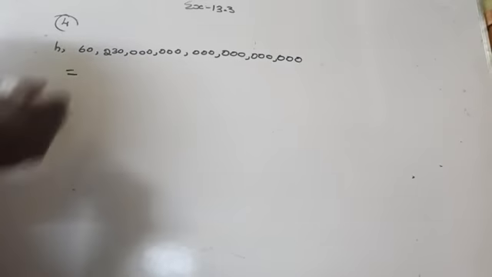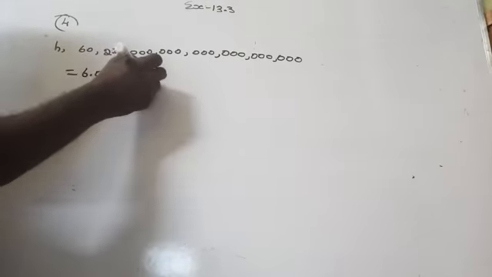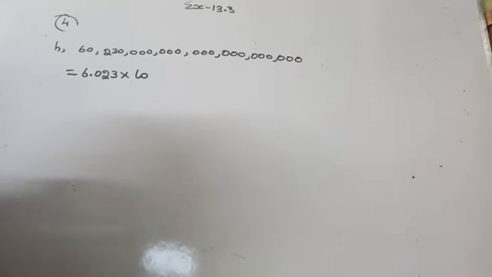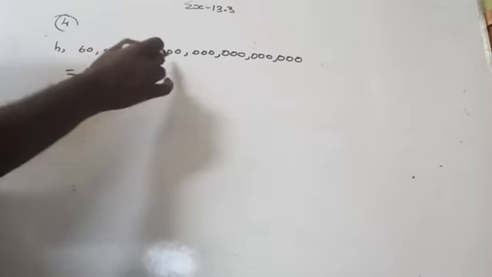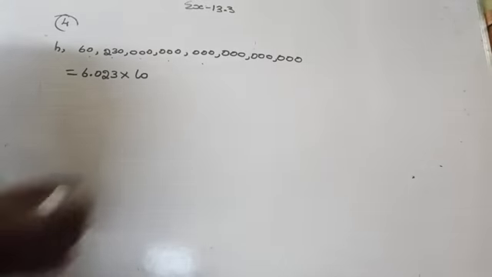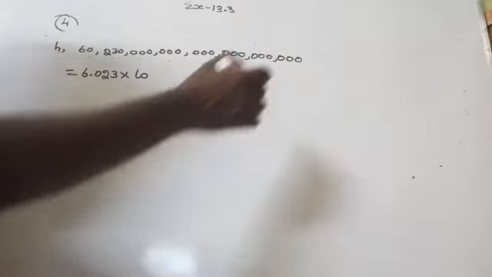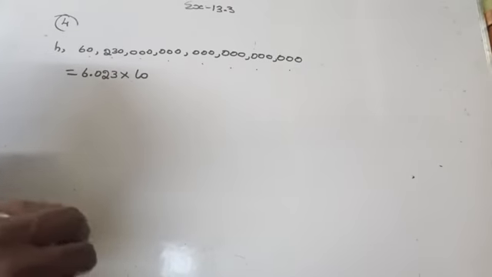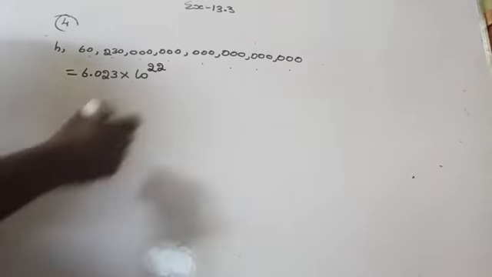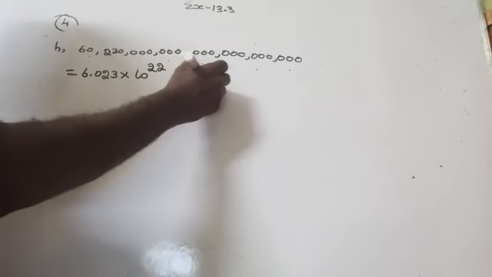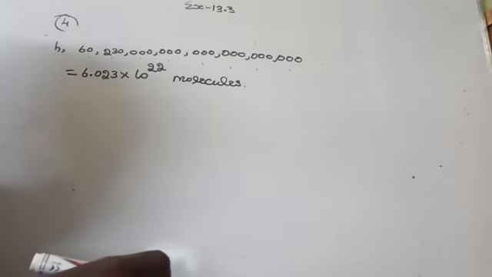Tell me. 6.023 into 10 to the power of. Now after 6 how many digits are there? 1 plus 3, 4, 4 plus 3, 7, 7 plus 3, 10, 10 plus 3, 13, 13 plus 3, 16, 16 plus 3, 19, 19 plus 3, 22. So 6.023 into 10 to the power of 22 molecules. Are you getting there? Yeah.